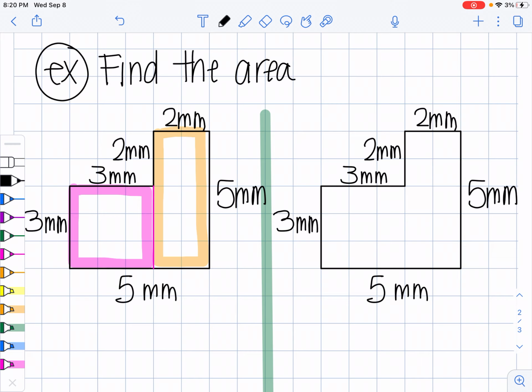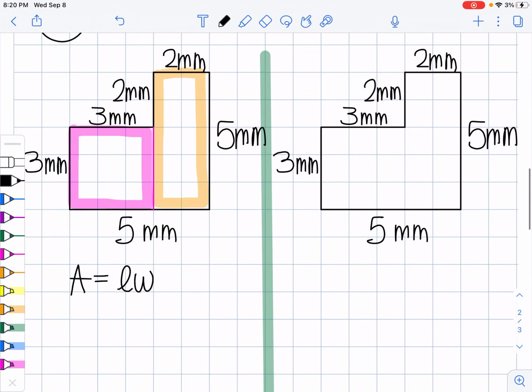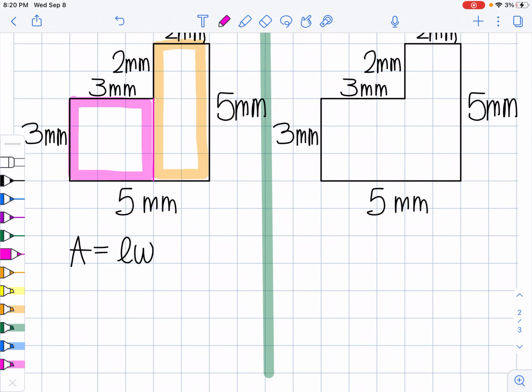We know that the formula for a rectangle is area is equal to length times width. So in my pink shape, I know that my length is going to be 3. I know that because the top is the same as the bottom, exactly the same, 3 millimeters. So my length is equal to 3 millimeters. And my width is going to be this one right here, which also happens to be 3 millimeters.